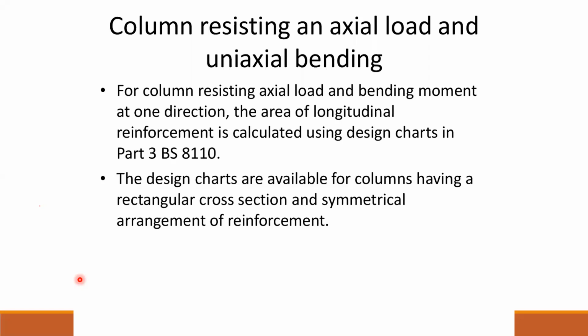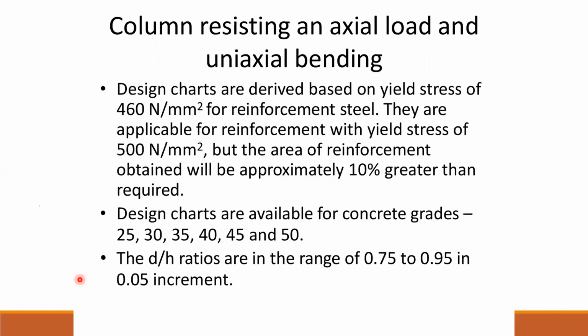The design charts are available for columns having rectangular cross sections and a symmetric arrangement of reinforcement. For columns resisting axial load and uniaxial bending, the design charts are derived based on the yield strength of 460 megapascal for reinforcement steel.